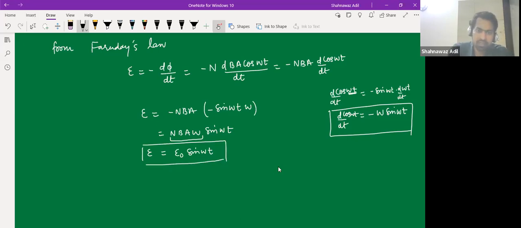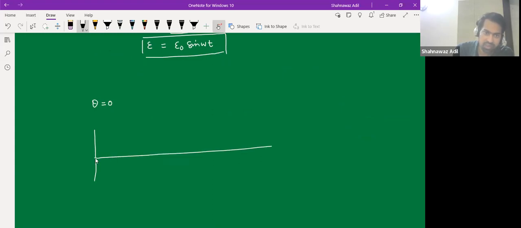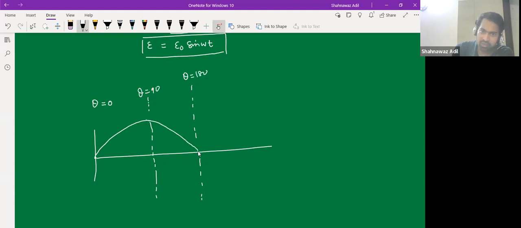As you guys saw, when my theta was zero, my flux was zero. So this was zero, right? And when my theta became 90, I had the maximum value. And then when my theta became 180, again this was zero, right?